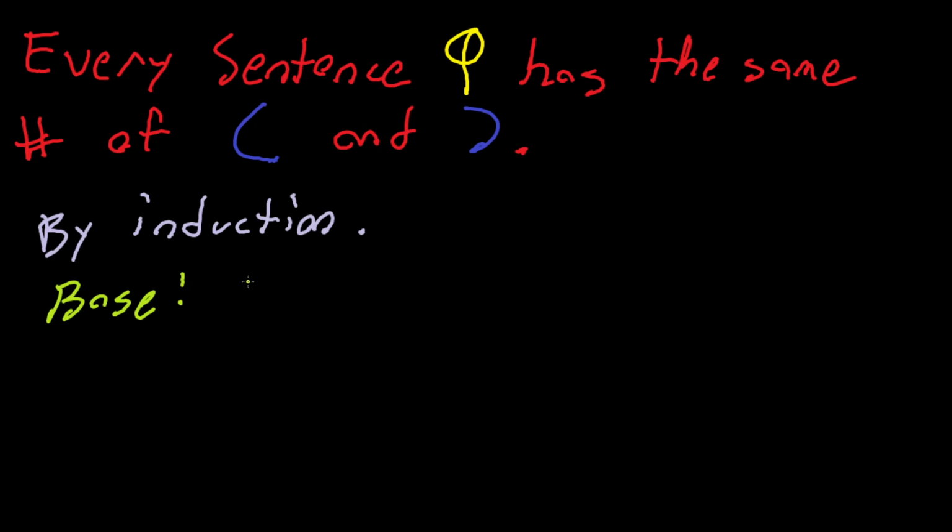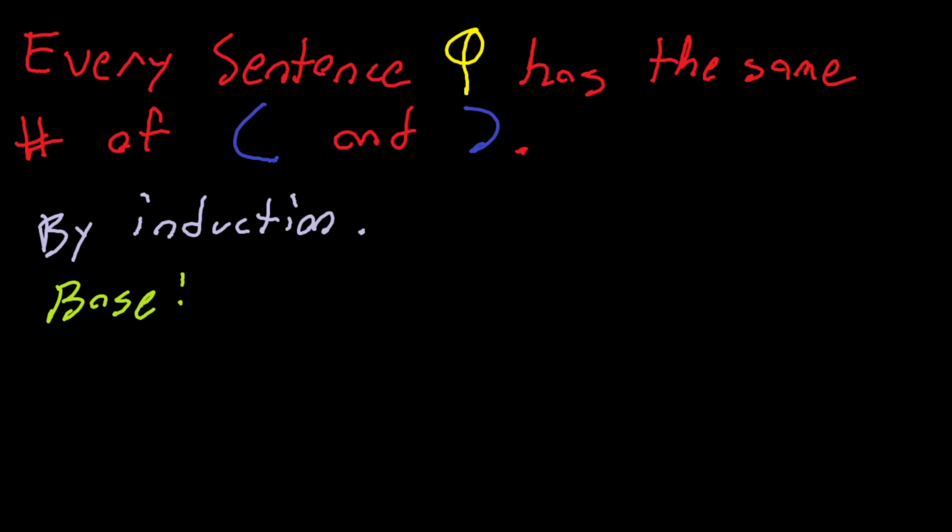we observe that for any sentence symbol p, then p is a sentence. Or rather, I should phrase this differently, because I'm saying that every sentence phi has the same number of open and closed parentheses.